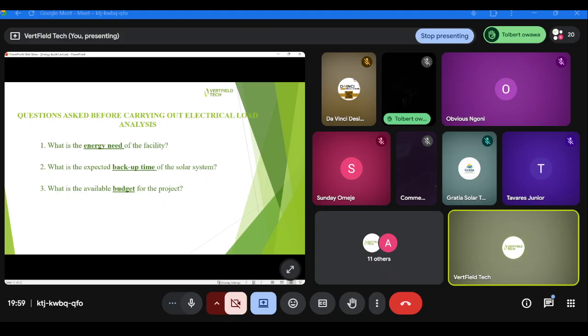So engineers came together to create this thing we call battery, which is a storage facility, such that when the sun is up and running at its peak, the solar panels can harvest a whole lot of energy at that point in time and supply your facility, power up your appliances, and then store up the excess energy in your battery system. So that when there is no more sun, when there is no more energy from the solar panels, you can now rely on the energy that is being stored in your battery system.